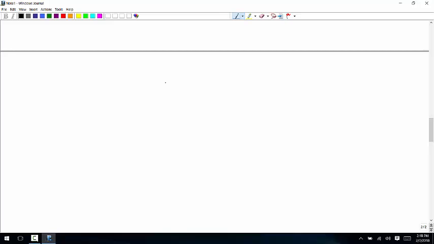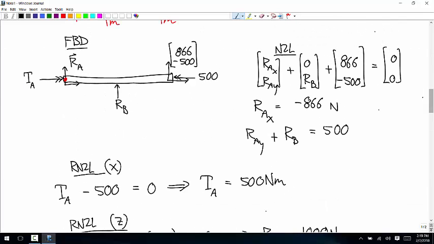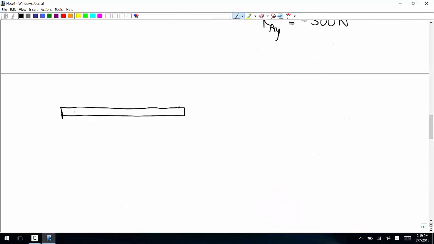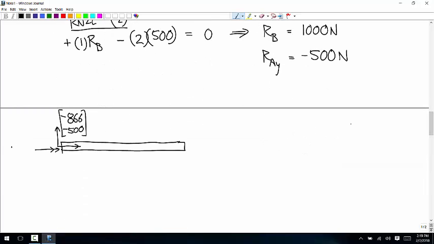So now our starting point, I'm going to draw a free body diagram of the whole thing. We have this force RA that has values of negative 866, negative 500. We have the couple about the x-axis with a magnitude of positive 500.